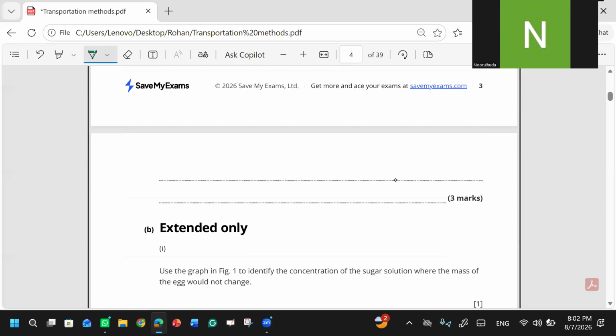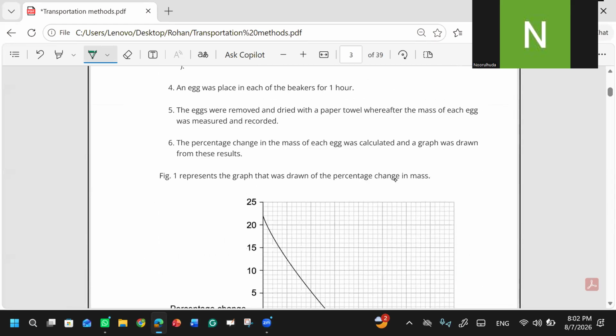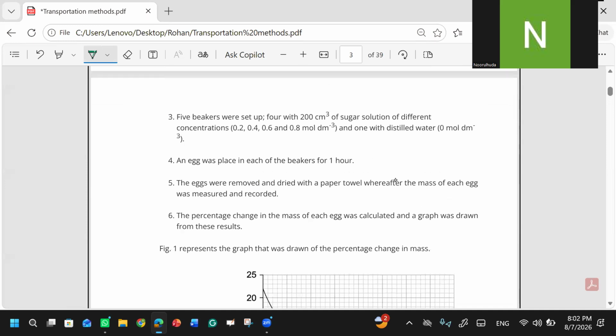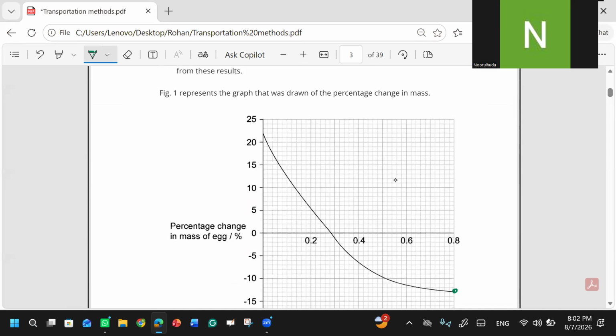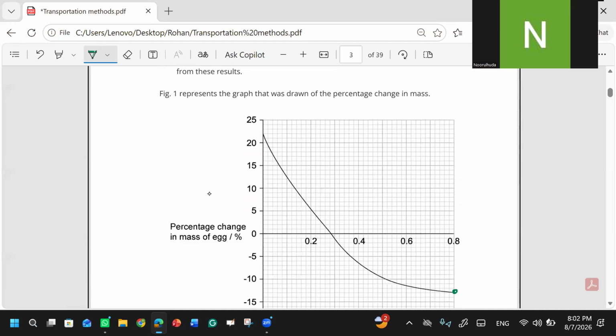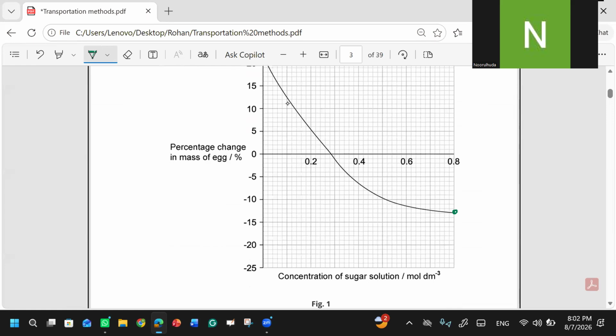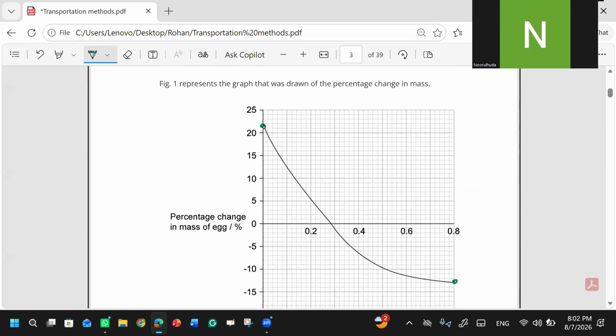So this is our observation: with the increase in percentage change in the mass of the egg, the concentration is less. If you see the first point, the percentage change in mass is very high, but at the same time the concentration is zero.